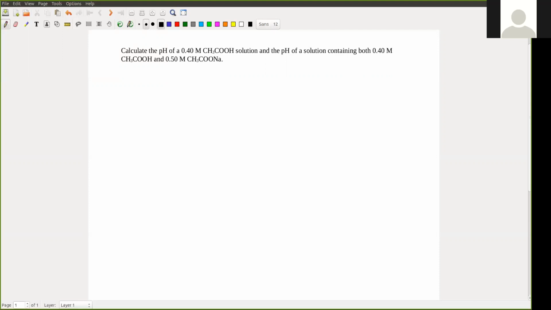So if we look at either reaction, we can look at CH3COOH, that's acetic acid, and when it's a weak acid in solution, it yields a proton plus the acetate ion.